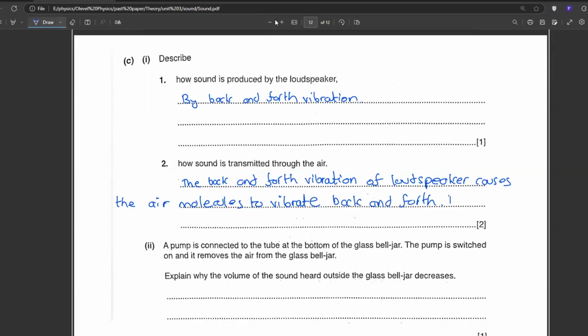This vibration produces sound and transfers energy as well.